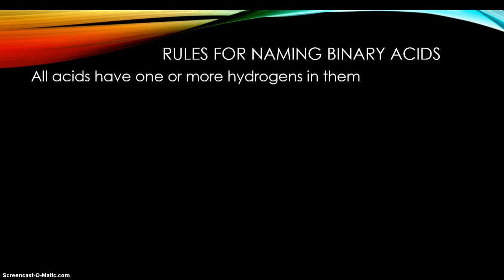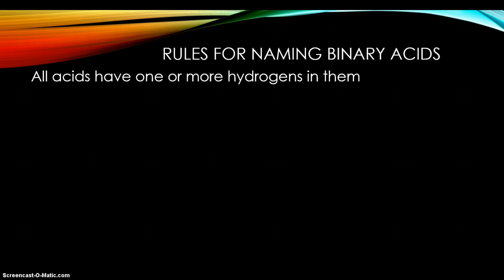That clues you in that it's an acid, with maybe the exception of water, and even water has some acidic properties in some senses, and we'll deal with that when we get to the chapter on acids and bases. So if I'm wondering whether something is an acid or not, pretty much if it has a hydrogen out in front of the compound, then it's going to be an acid.